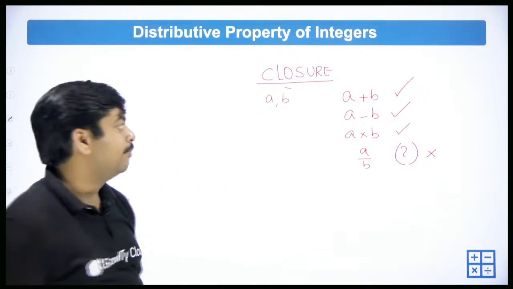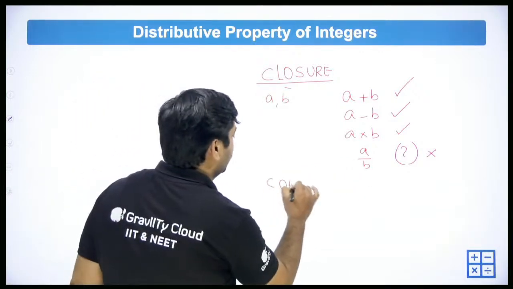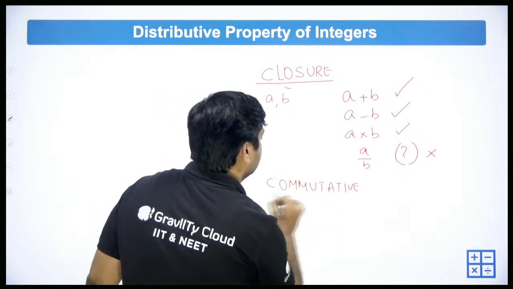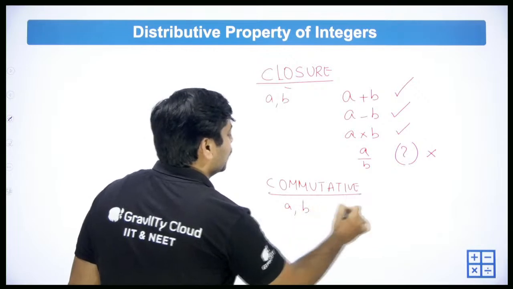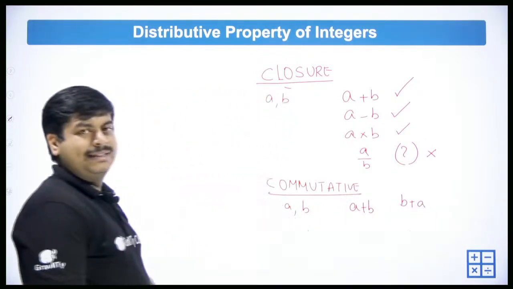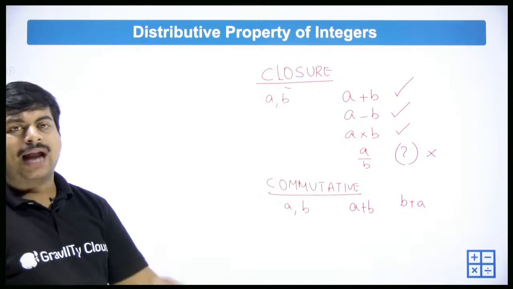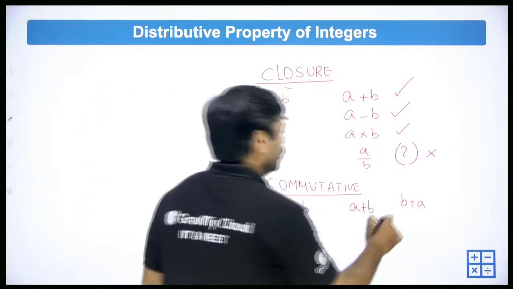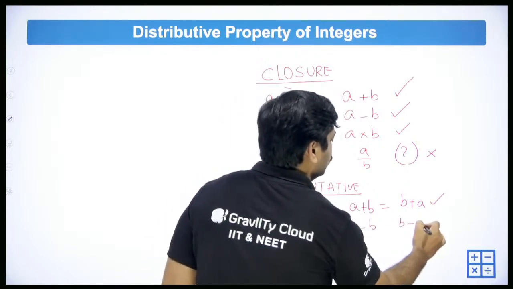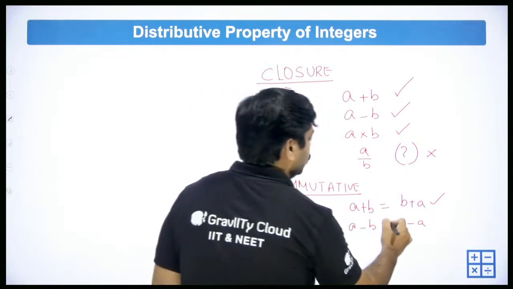The same way we discussed the commutative property. Do you remember what commutative is? When we have two integers A and B, are A plus B and B plus A equal? In addition you can add in any way, order does not matter, right? It's correct. A minus B and B minus A, are these two the same? No, these two are not the same.